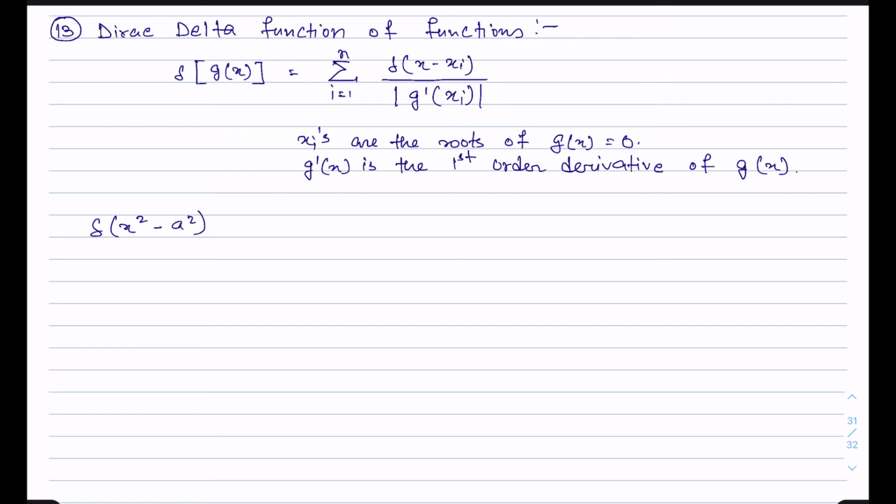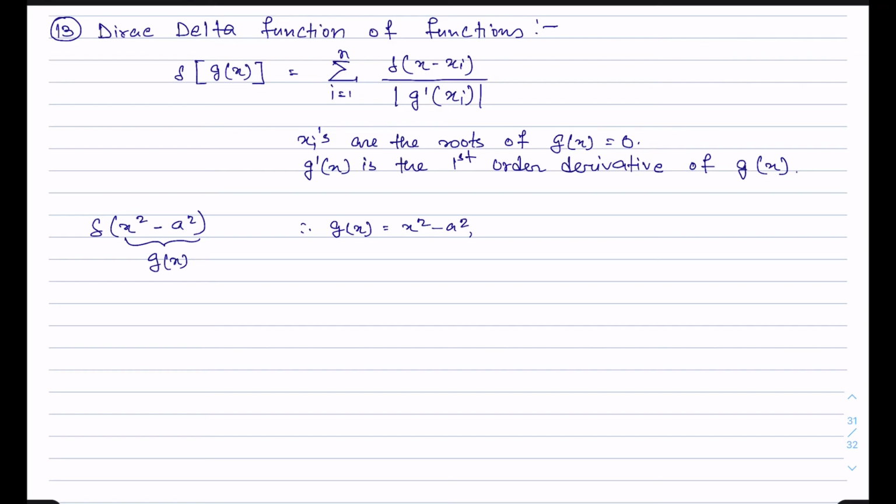Now you can't write it directly using any of the previous properties. So to evaluate it, let's consider this argument x square minus a square as another function g(x). So g(x) equals x square minus a square.